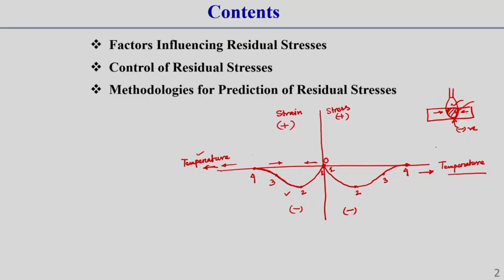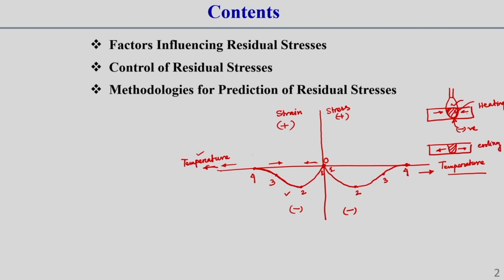Let this be the heating phase. During the cooling phase, this molten material tries to contract, but the surrounding material tries to pull away, resisting this shrinkage of the molten material. This is during cooling.